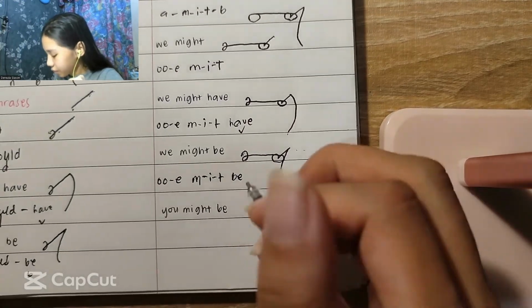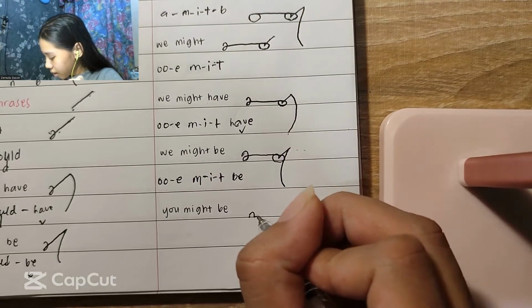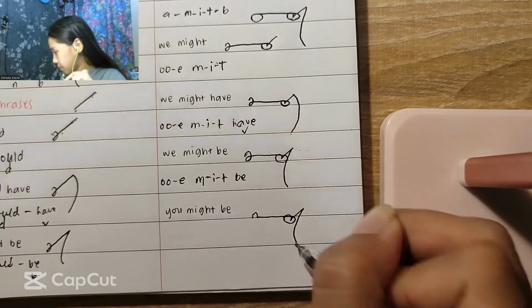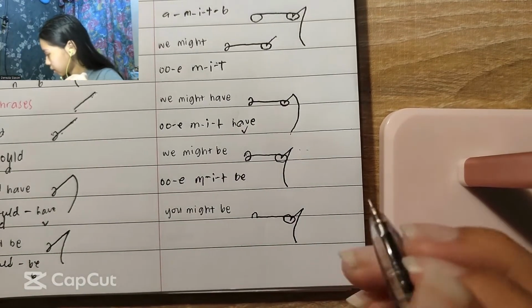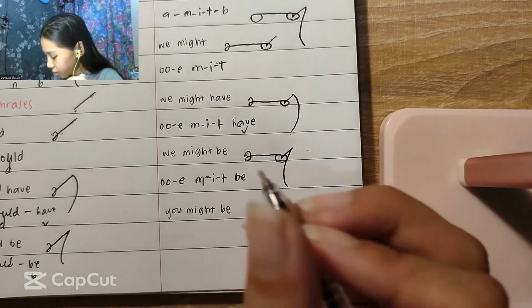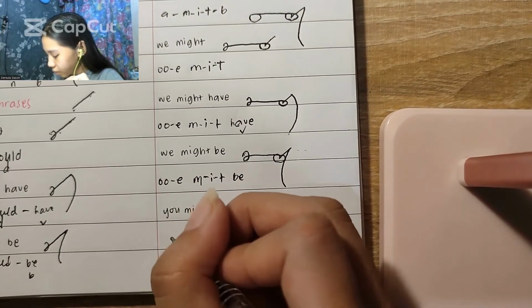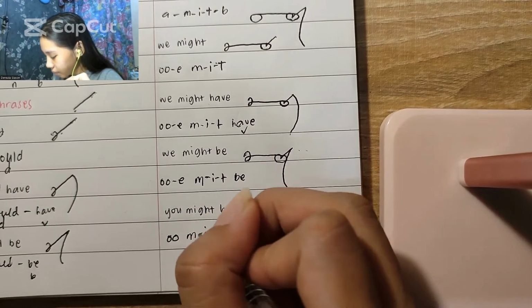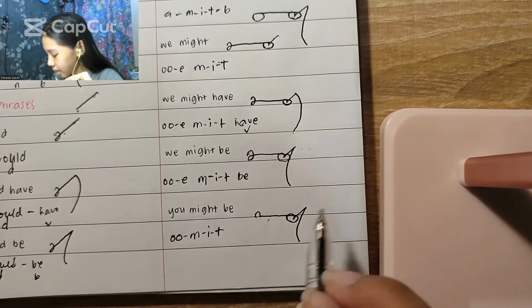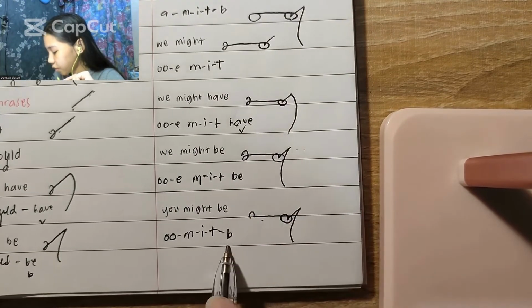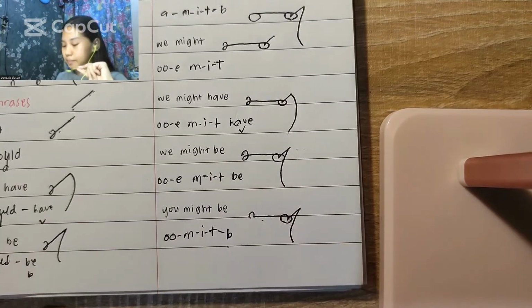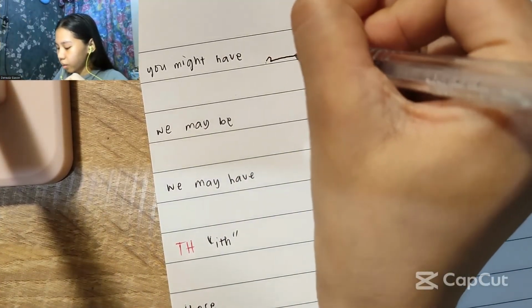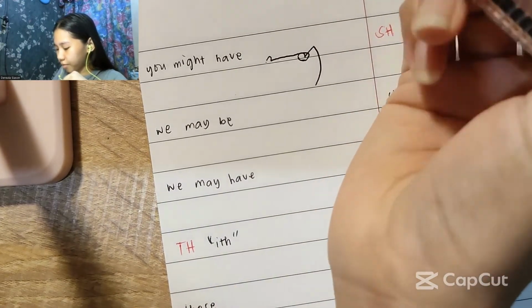You might be: U, M, I, T, B. So for you, brief form U, we have the U, and then MIT for might, and then again the symbol of B for our brief form B. You might have: U-MIT, have.